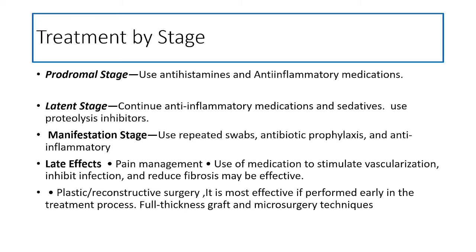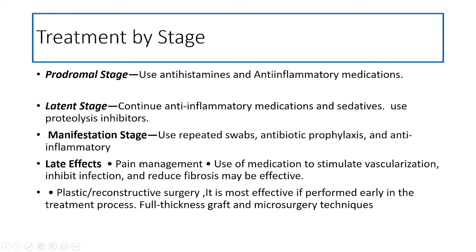Moving on to treatment by stages. In the prodromal stage, we should use topical anti-inflammatory and antihistamine. In the latent stage, we should continue with the anti-inflammatory medication and start a proteolysis inhibitor. Followed by the manifestation phase, since this phase is very prone to infection, repeated swabs should be taken from the areas and prophylactic antibiotics should be started along with the anti-inflammatory.